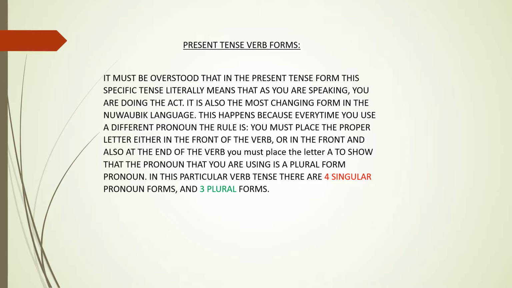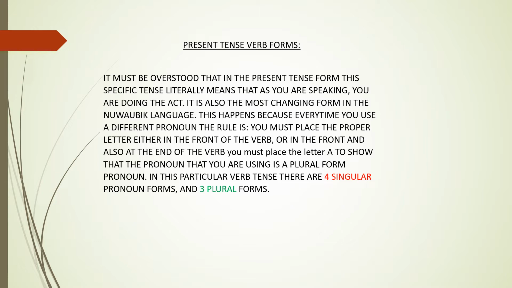This happens because every time you use a different pronoun, the rule is you must place the proper letter either in the front of the verb or in the front and also at the end of the verb. You must place the A at the end of the verb to show that the pronoun that you are using is a plural form pronoun.